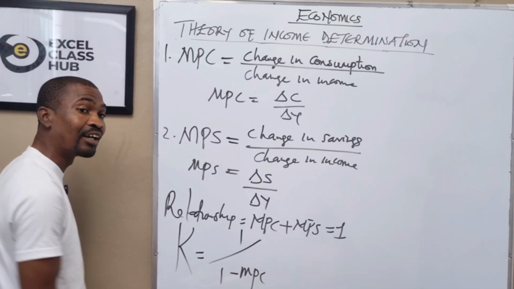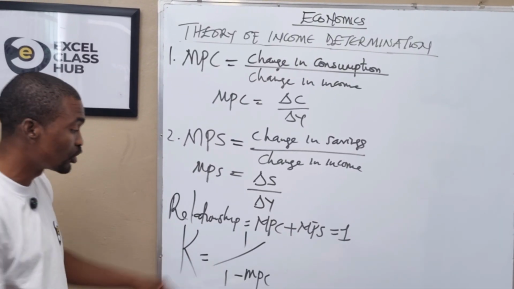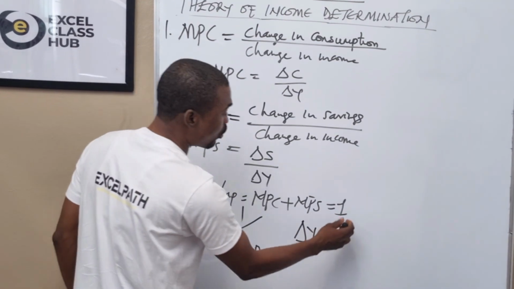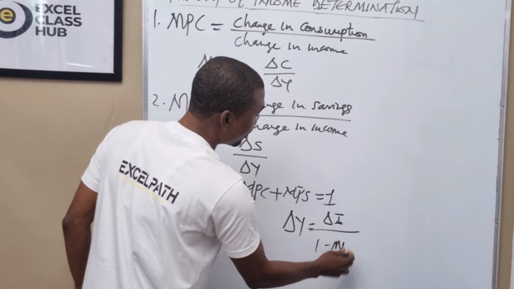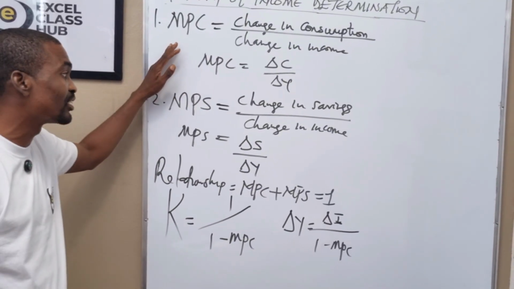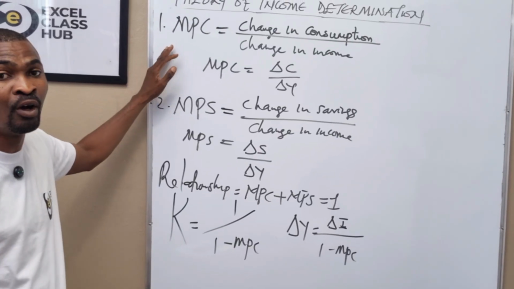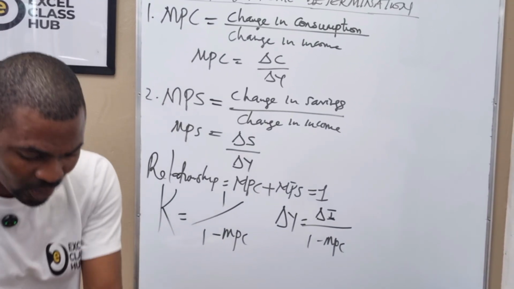You can also be asked to calculate the equilibrium level of income, which is change in income, equal to change in investment all over 1 minus MPC. So these formulas are very important when you want to solve questions under theory of income determination. Okay, we are going to solve past questions straight away.